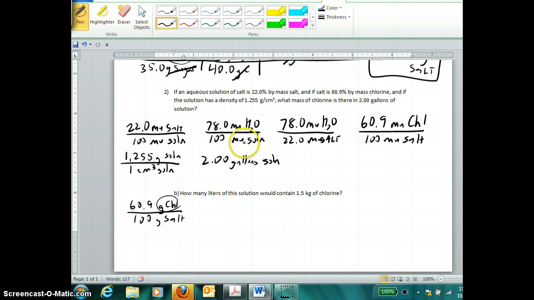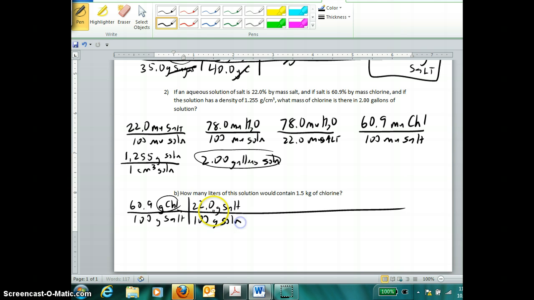So I'm looking ahead and trying to see that one number that's not a ratio. That's what I've got to get to, because that's the thing that's going to ultimately cancel once and for all what's in the denominator. And this is a volume of solution, so this is the ratio I'll use to cancel my mass of salt, namely 22.0 grams of salt are equivalent to 100 grams of solution.